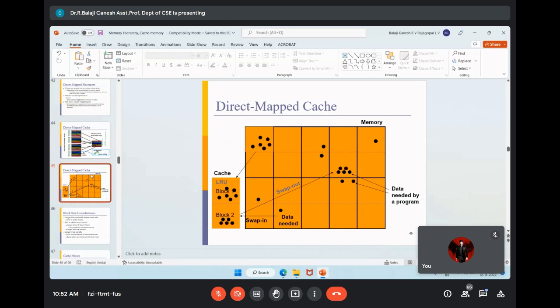And the cache replacement strategies, what I told you. One of the very important cache replacement strategies is the least recently used technique, LRU. That means, suppose these 2 blocks are in the cache memory, right?